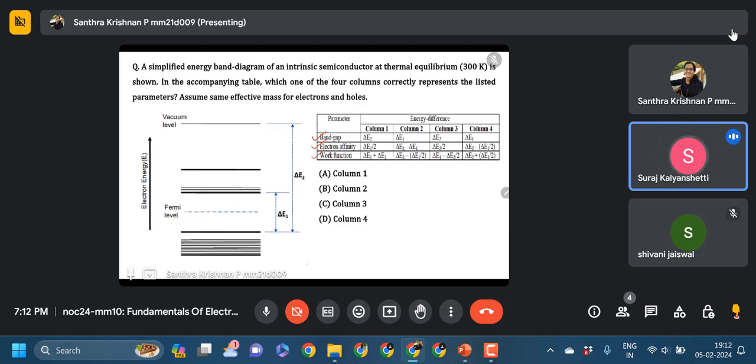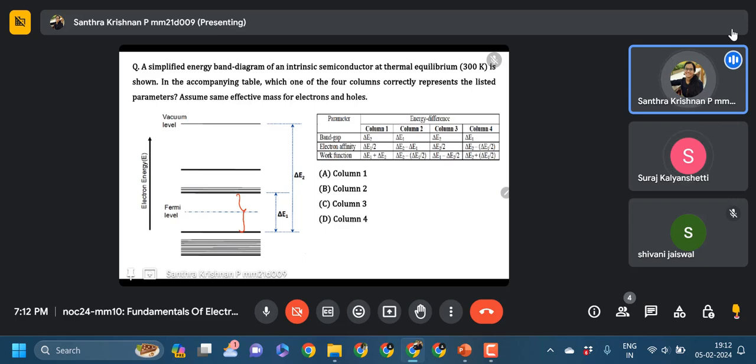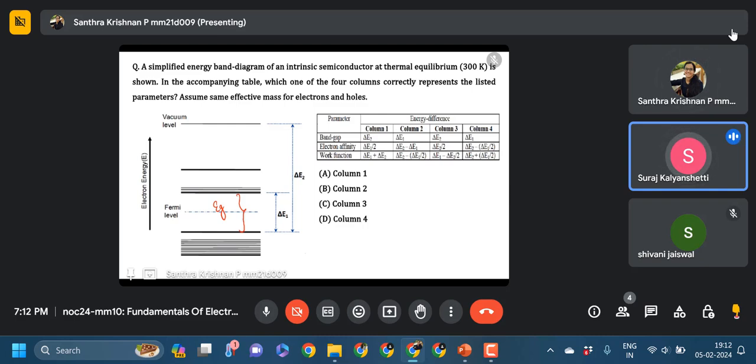Delta E2. I'm assuming this is the, oh, it's below. Okay, delta E1. Is this one what you're telling is band gap, and this is the Fermi level? Yes, yes. Delta E1 was your confusion, marked as band gap. I could see that below line. Otherwise, I was feeling that it is opposite.